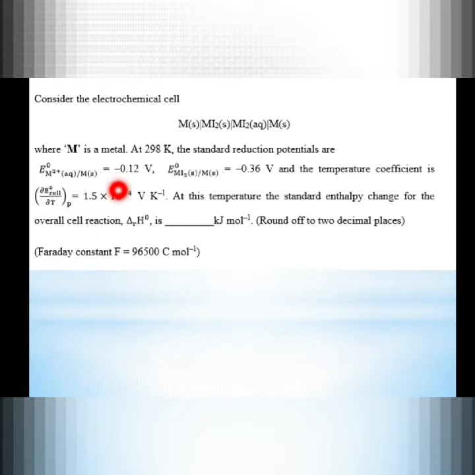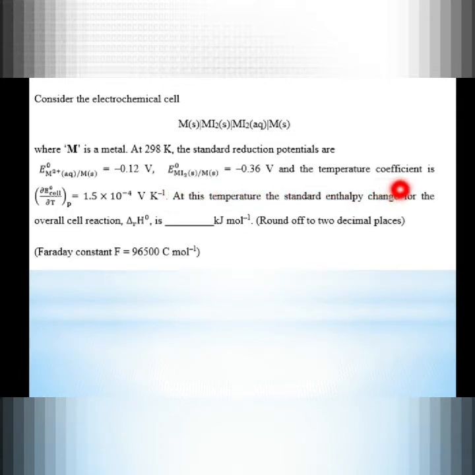Now, as minus 0.12 volt is more than minus 0.36 volt, the cathode is M2+ to M, the cathode reaction is M2+ to M, and the anode reaction is Mi to Mi2+.